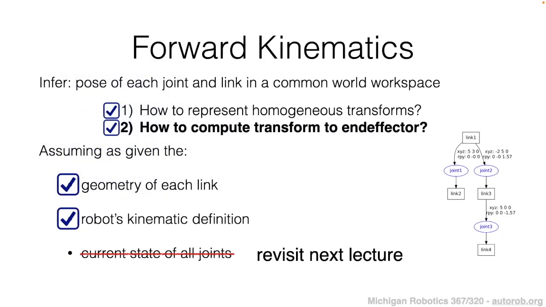And so with that walkthrough, that now covers how it is we can compute the transform for the end effector with respect to the world coordinate frame, because we will have positioned every link within the world coordinate frame. And so that covers our walkthrough of forward kinematics.